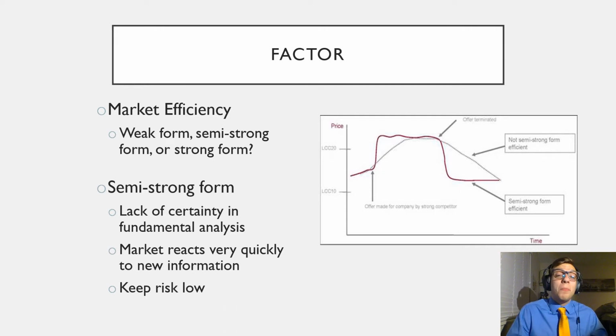In addition, I believe that the market reacts just about instantaneously to new information posted about a stock or a stock's company, and I think that all public information is just about immediately shown in the market's price. With the semi-strong form of efficiency, I believe that I can keep risk low for me in my investments in the future.